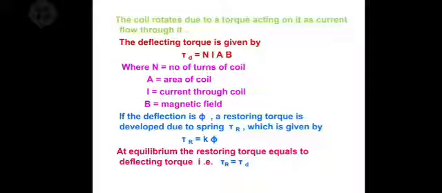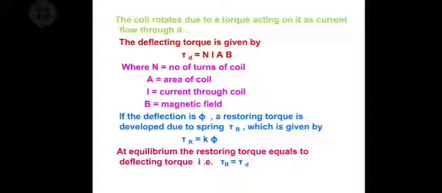That's why it is a deflecting torque, and its value is NAIB. This value we have taken from the last derivation. Here N is the number of turns, A is the area of the coil, I is the current flowing through the coil, and B is the magnetic field. Now, this rotational torque is balanced by another torque.